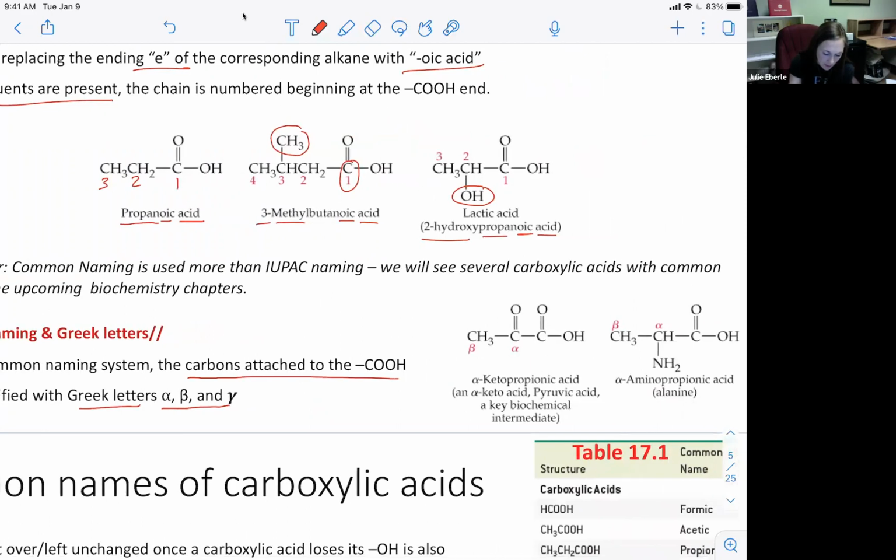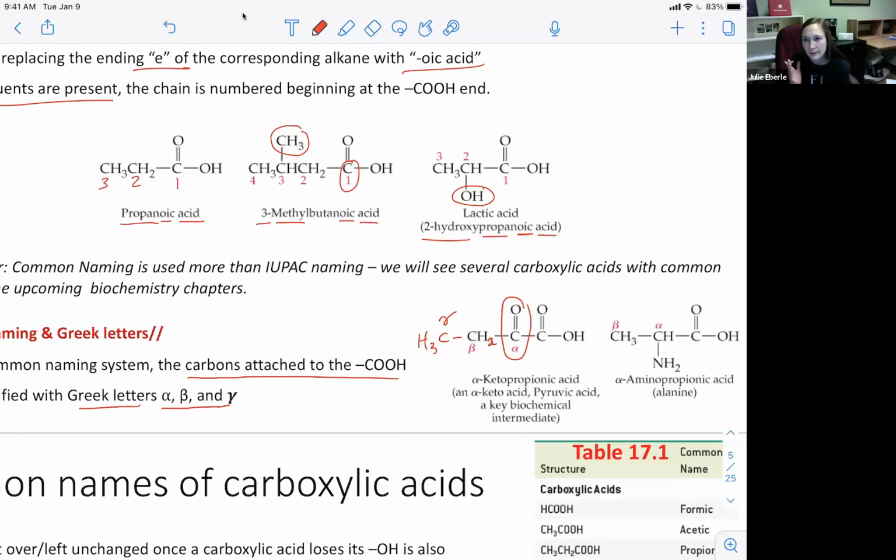instead of numbering the carbonyl carbon as number 1, they call that the alpha carbon. And the next carbon over, instead of calling that carbon number 2, they call that the beta carbon. And then if there was another carbon substituent here, which would have to make this a CH2, they would call this the gamma carbon. Okay.